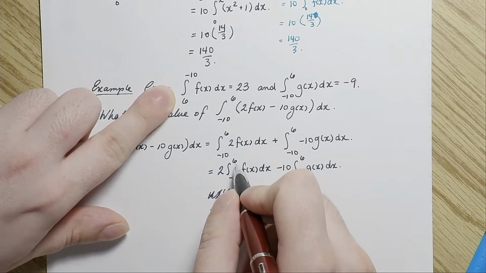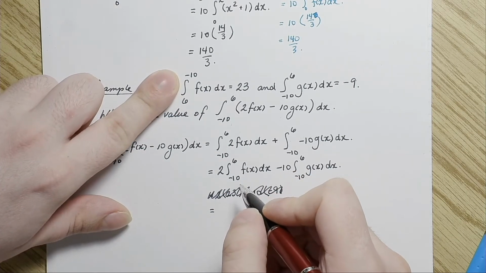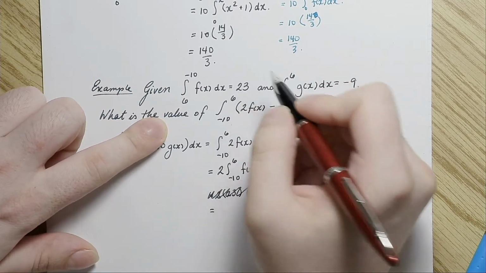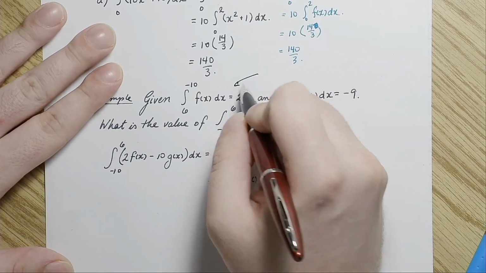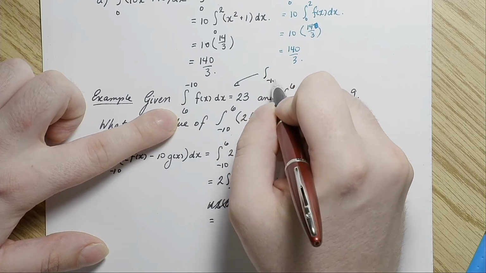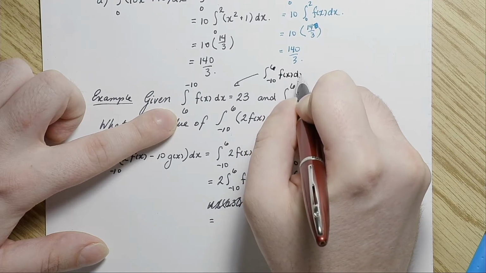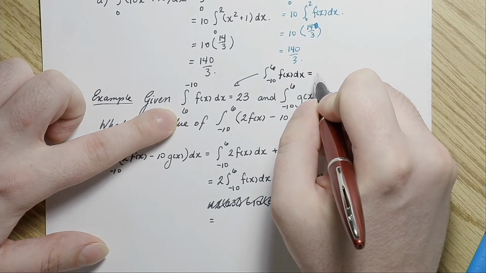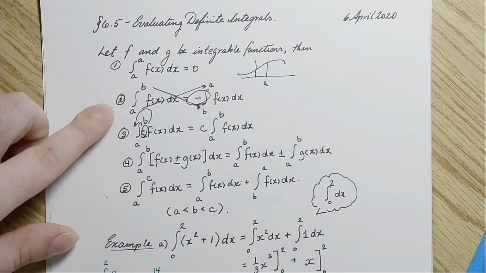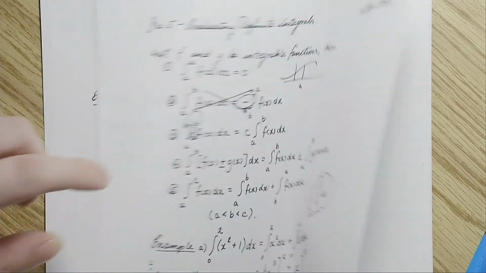I have from minus 10 to 6, and instead I have from 6 to minus 10. So I have to flip it. This part here, I can flip, so I can go from minus 10 to 6 of f(x) dx, and that's equal to minus 23. This is by using our rule number 2: if I change the order of the limits, then it becomes negative. And that's what I've done here.